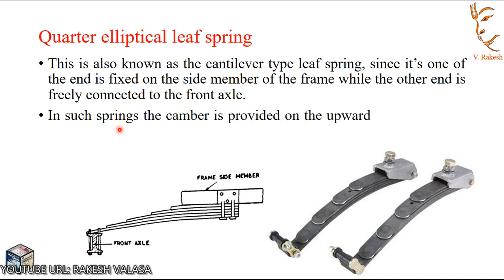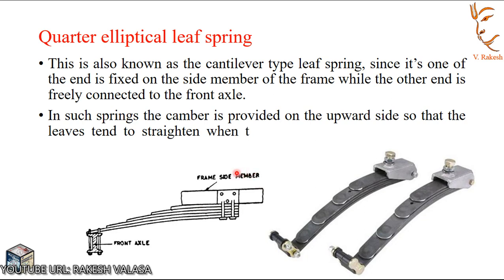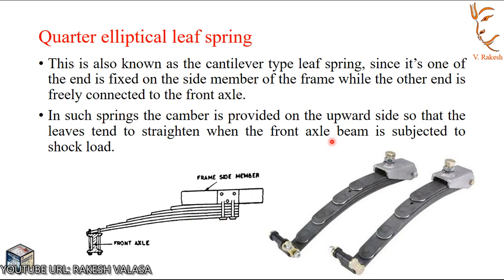In such springs, the camber is provided on the upward side so that leaves tend to straighten when the front axle beam is subjected to the shock load.